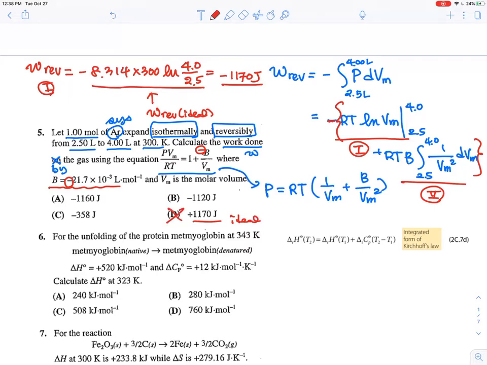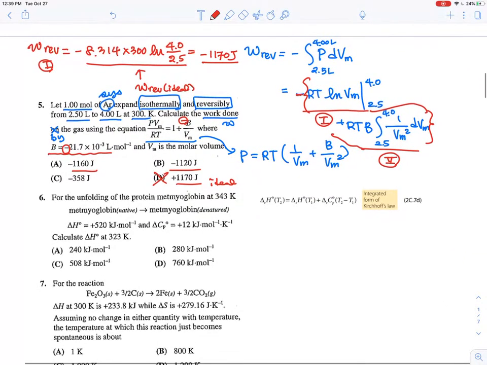And I know this value should have a magnitude smaller than 1170, so it could be either A or B. If you do not want to do the integration of the second part, your guess comes down to A or B as your more reasonable choices.